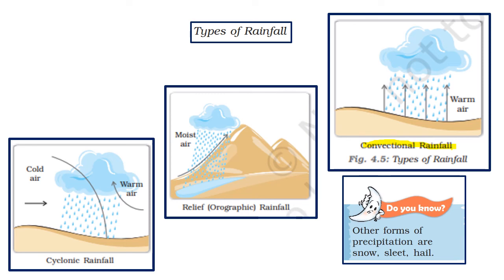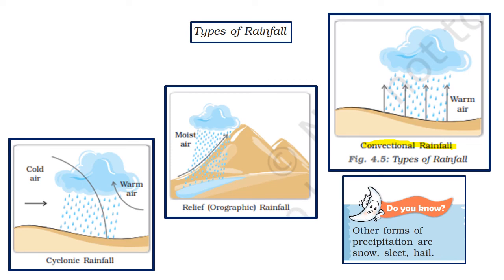Then orographic rainfall. Sometimes moisture laden winds from water bodies come to land, and with no obstacle they move horizontally. But when any obstacle, meaning mountains, comes in their way, they rise up. On rising, they get cooled, condensation takes place, clouds form and rainfall occurs on the windward side of the mountain.